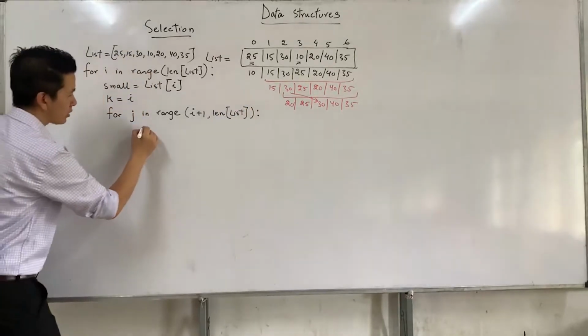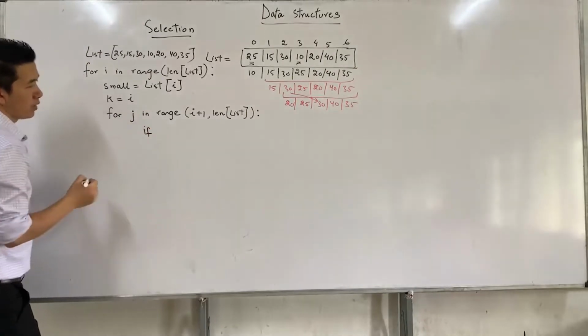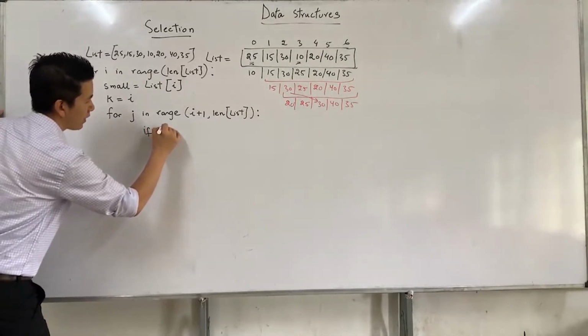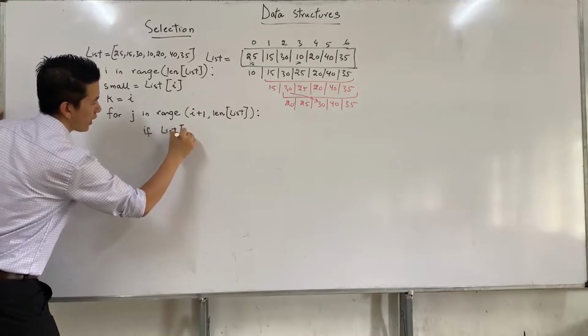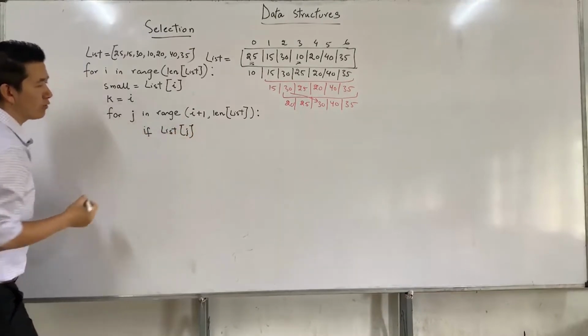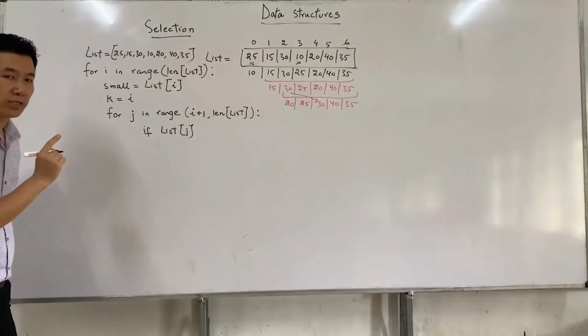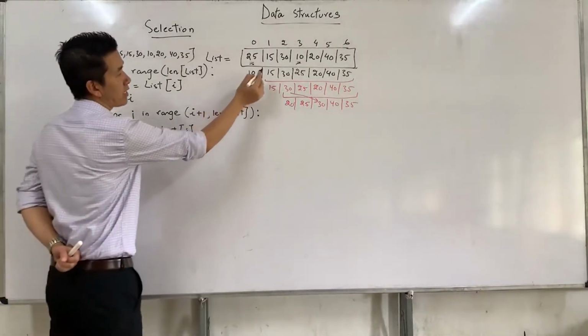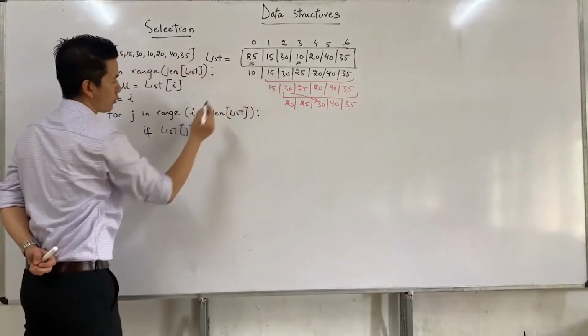Okay, so now this is important. If the list of j, remember the value of j starts from 1. Okay, so list of 1 means I am referring to the 15, right?